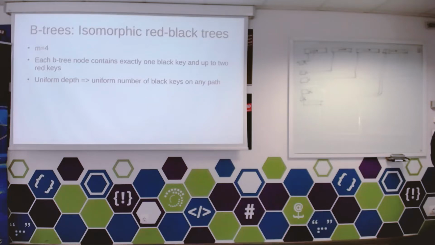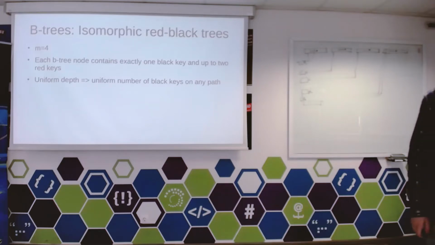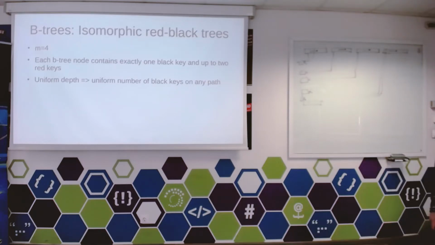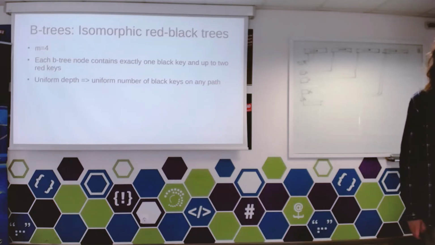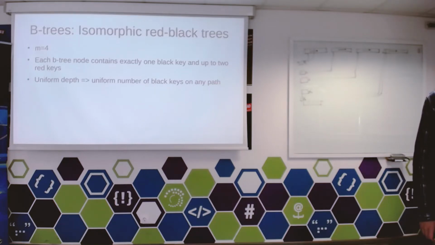So if you convert your B-tree to a red-black tree, do the insertion, and convert it back, you end up with the same B-tree you would have if you just did the insertion on the B-tree, and vice versa. I think for deletion it isn't exactly the same. The red-black tree deletion algorithm is also complicated, but a bit simpler, and does some changes to the tree that can't be performed as nicely.